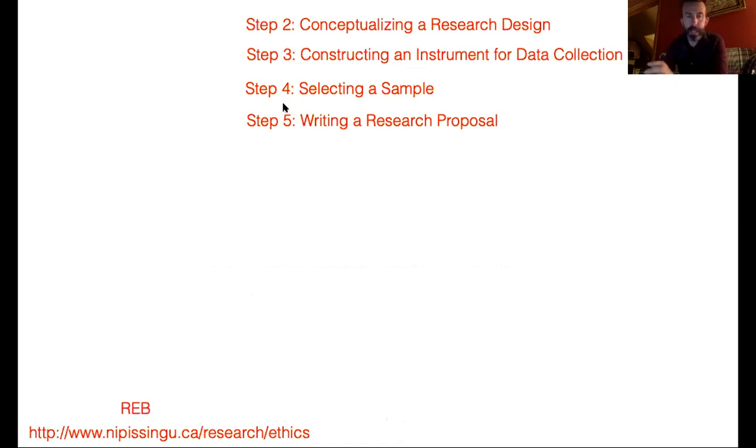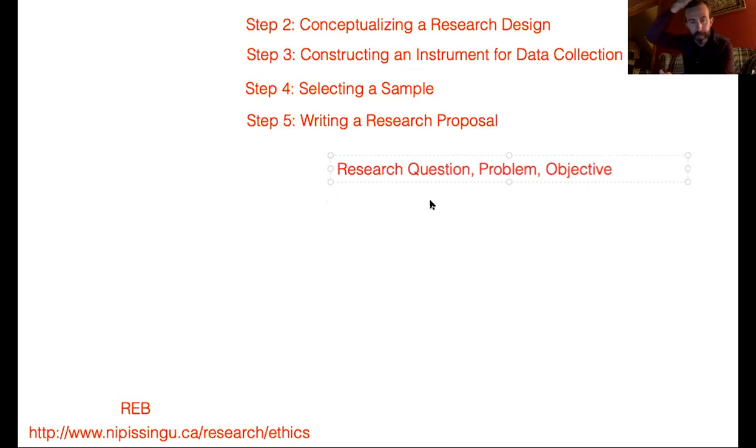The research proposal document should include such things as your research question, problem, objective, and these could be plural. It could be questions, problems, objectives. If there are hypotheses, may not be, that tends to be more of a quantitative thing, but not always there either.